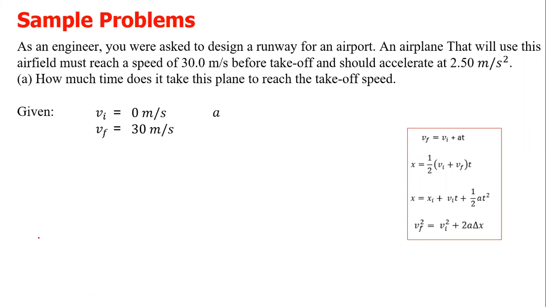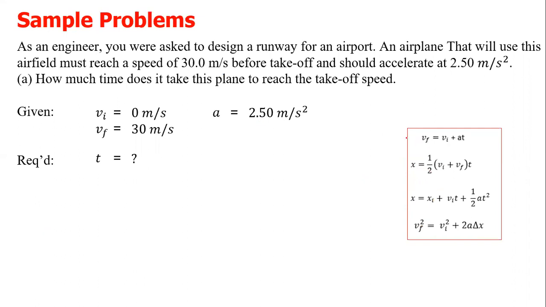And we have acceleration which is equal to 2.50 meter per second squared. And we are asked to calculate for the time. Next step ay i-identify natin kung alin sa apat na equation na ito ang kailangan nating gamitin. So tingnan natin kung alin sa apat na to yung makaka-satisfy dito sa given quantities natin.